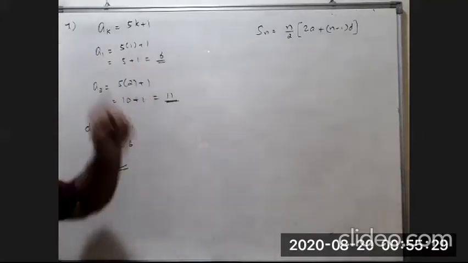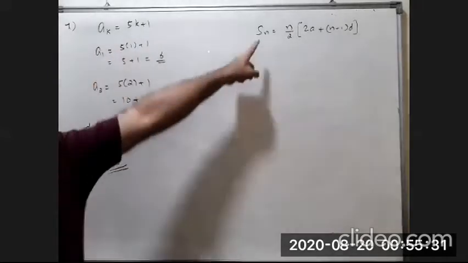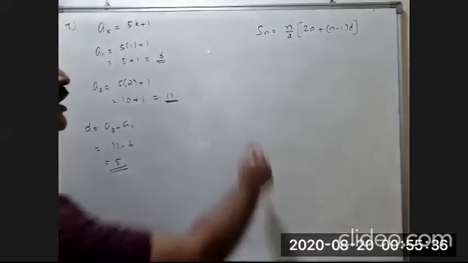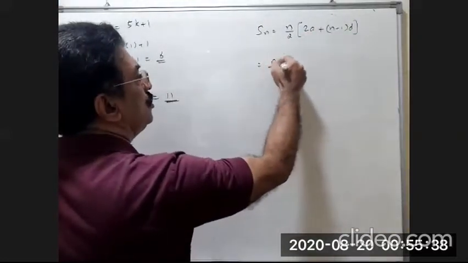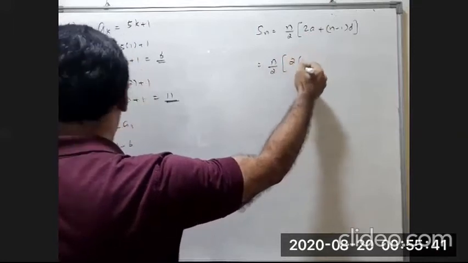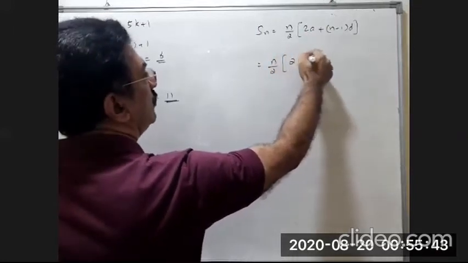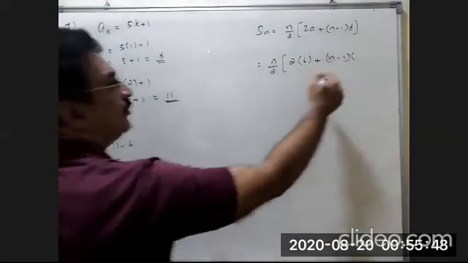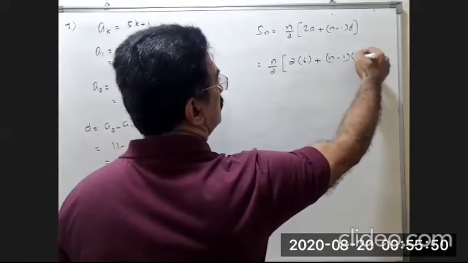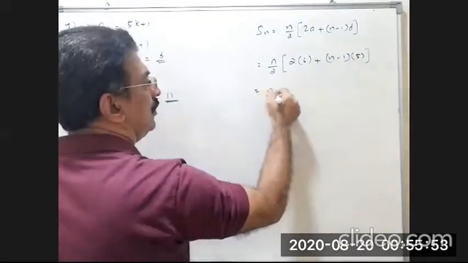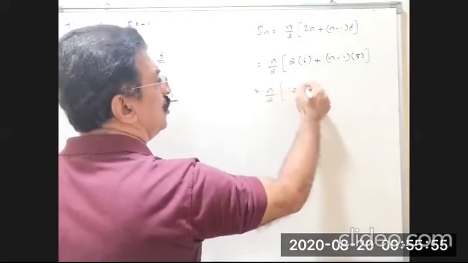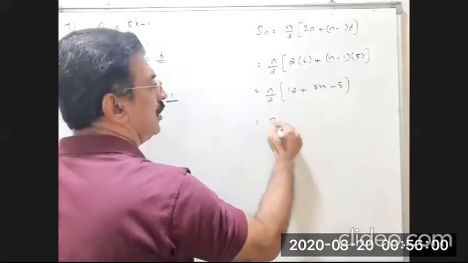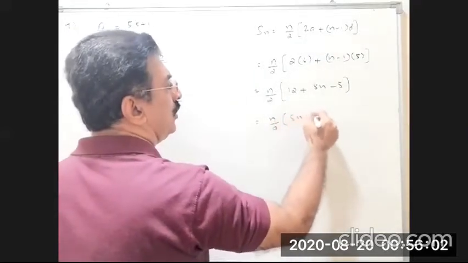So we found a and d. a means a1. If we know a and d, we can find Sn. So in this formula, substitute the values of a and d. So n by 2, 2 into a, which is 6, plus n minus 1 into d, which is 5. n by 2, 12 plus 5n minus 5, n by 2 into 5n plus 7.